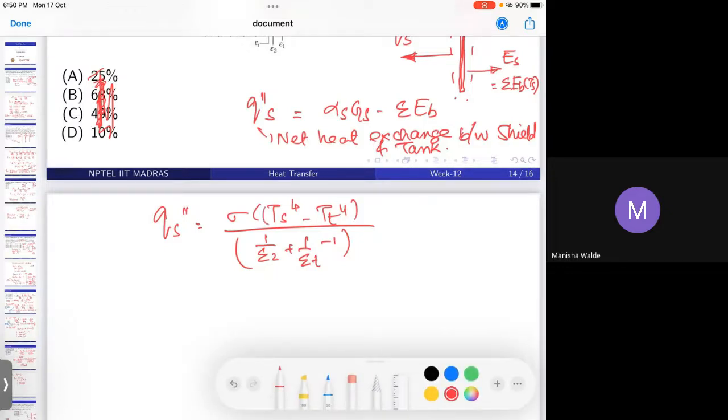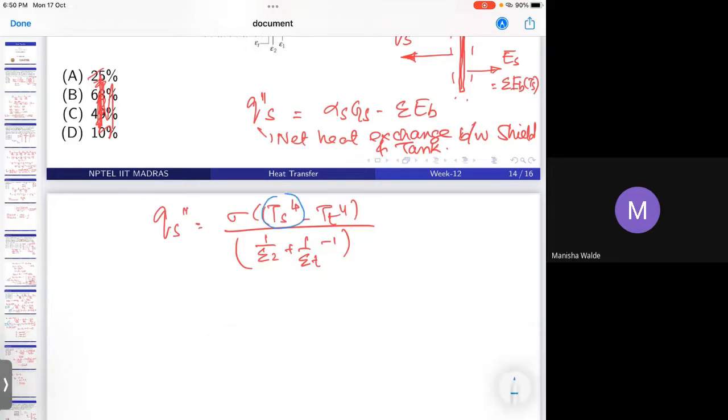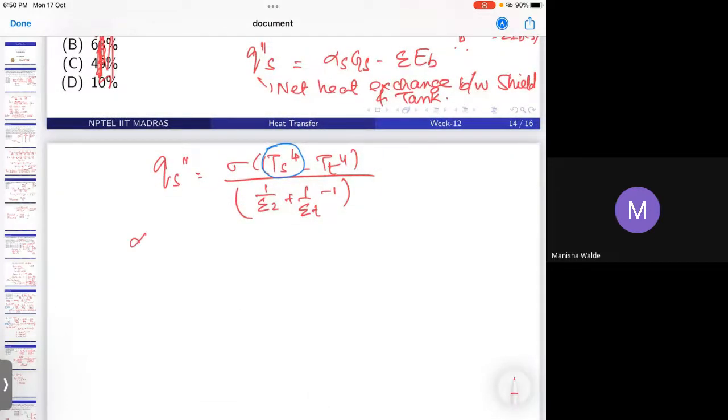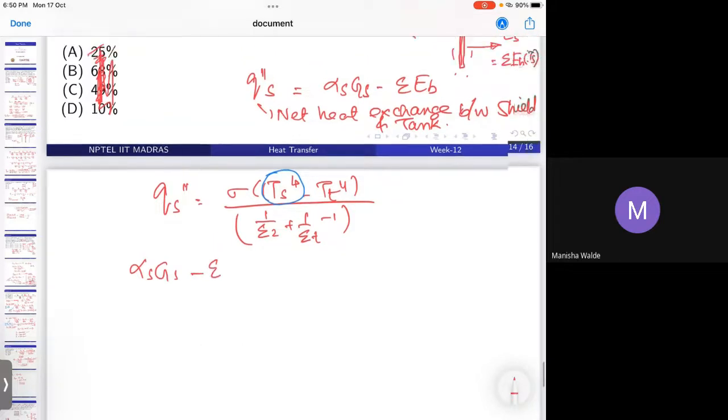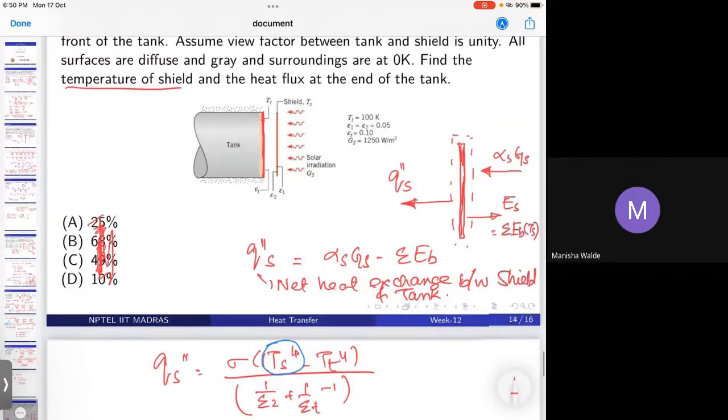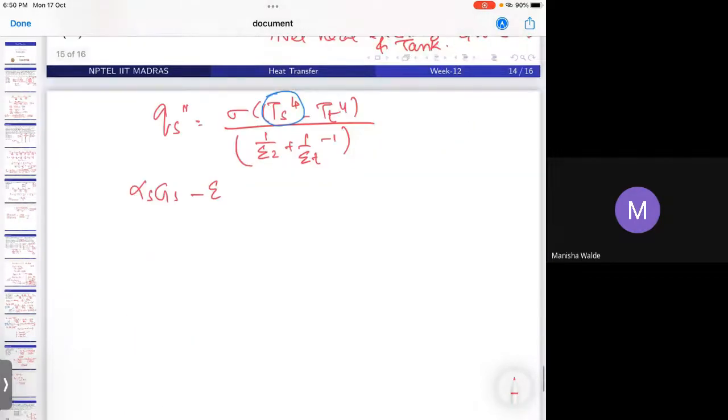But for finding T S, we need to find the net radiative heat exchange. For that, we equate alpha S G S minus epsilon S sigma T S to the fourth, written in terms of the temperature of the shield.